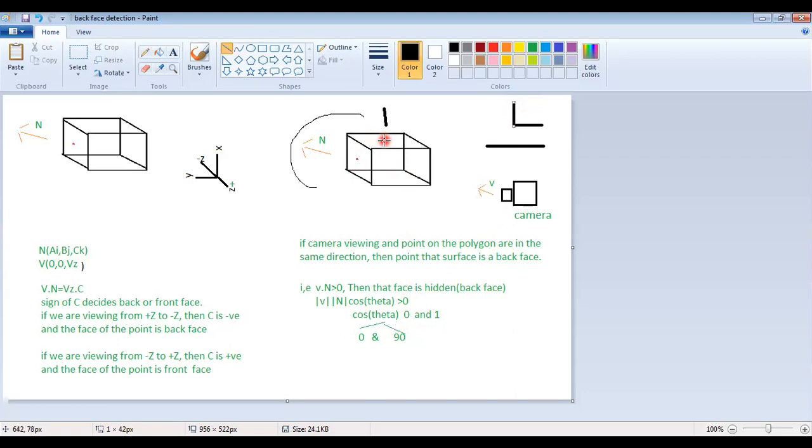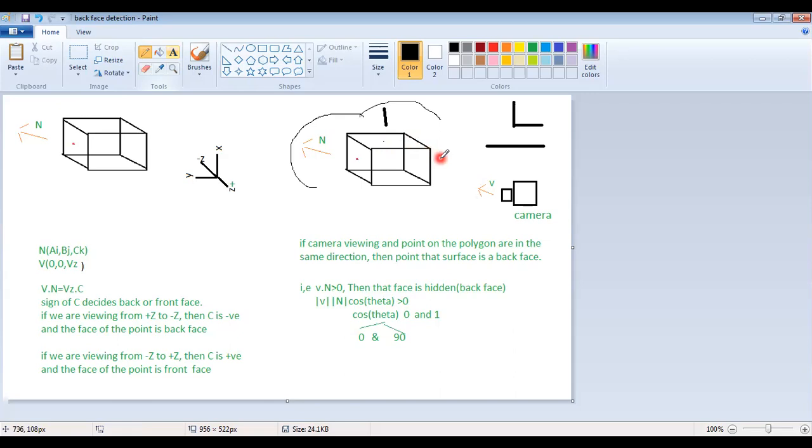Now if it crosses 90 degrees, that means if it starts rotating above 90 degrees, this point which is here will start rotating like this.